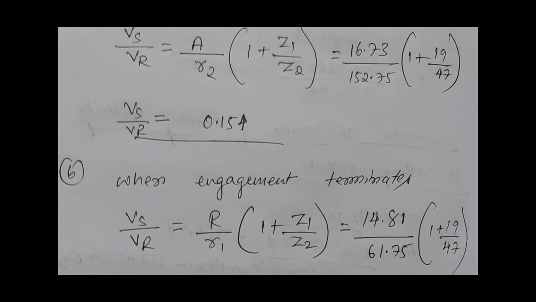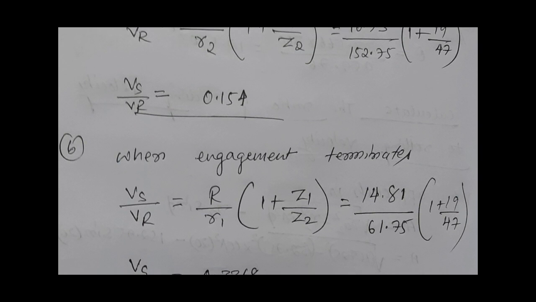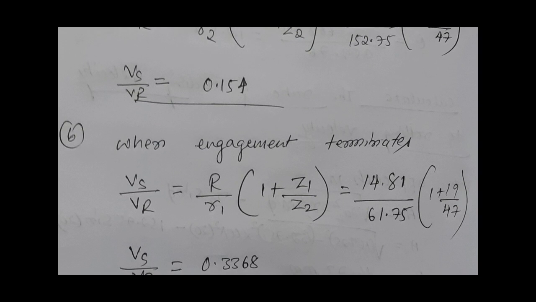Similarly, next one is when engagement terminates. For this, Vs divided by Vr, that is velocity of sliding to the velocity of rolling, equals R divided by R1 of 1 plus Z1 divided by Z2.